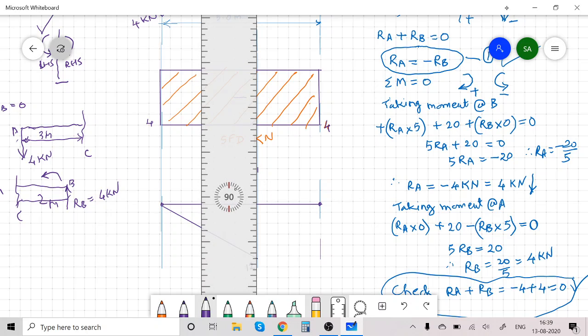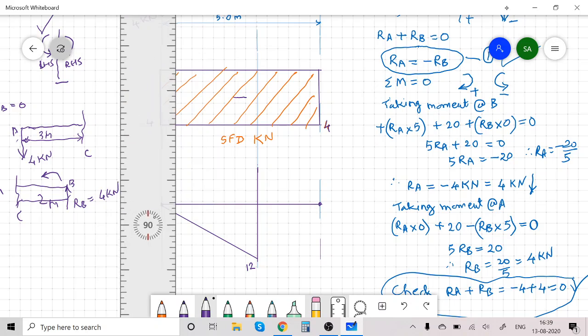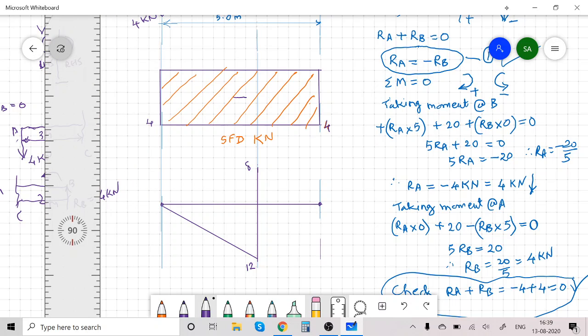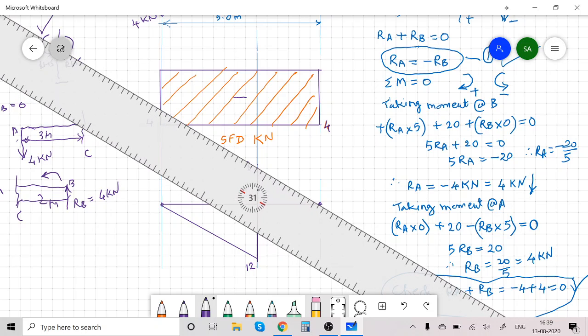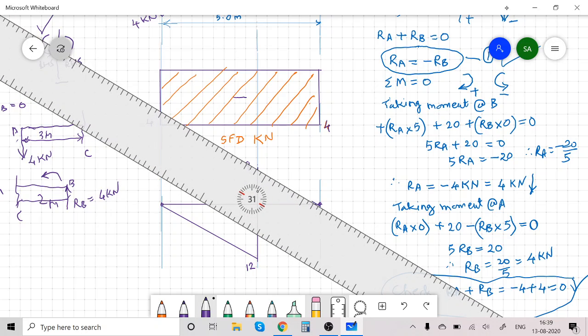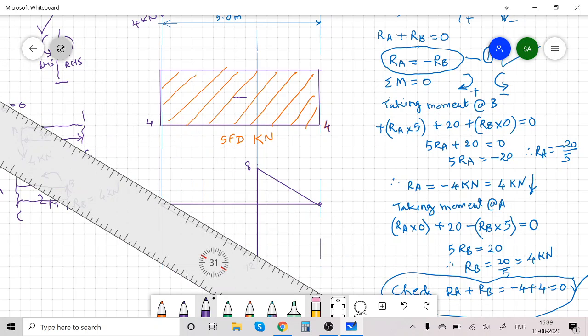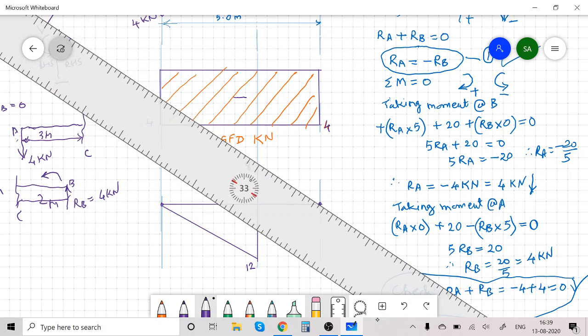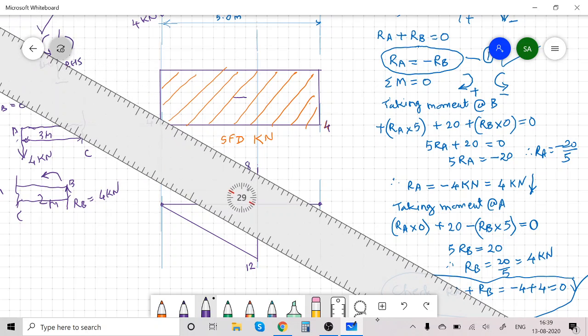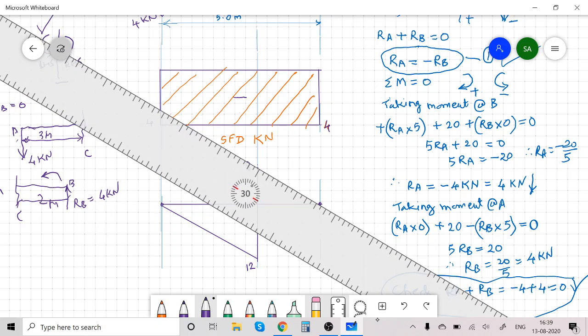So I will mark plus 8, means above the baseline, 8 here. And if you consider the right hand side of C, the bending moment is plus 8. So whatever diagram drawn is correct. So join these 2 points, that is plus 8 and 0 at B, the bending moment at B is 0. So join these 2 points.